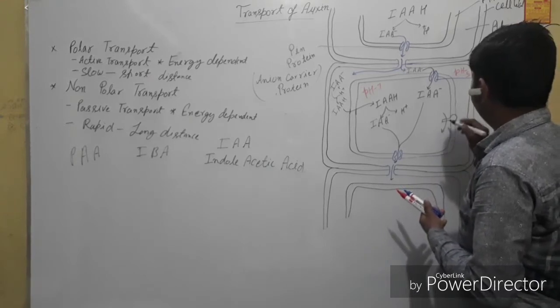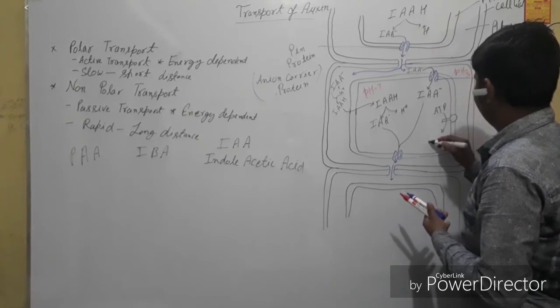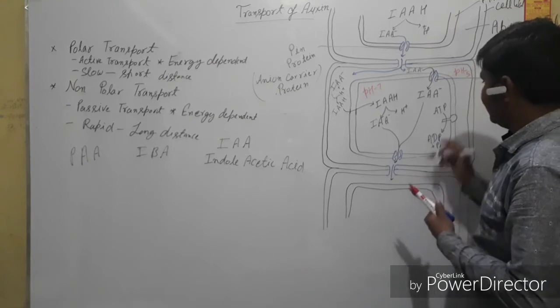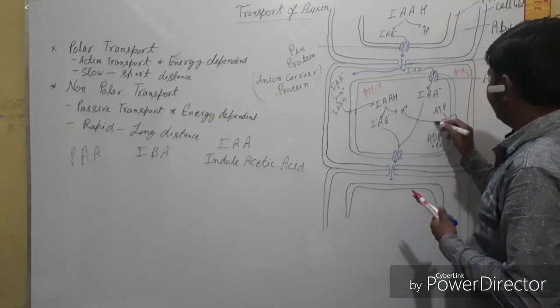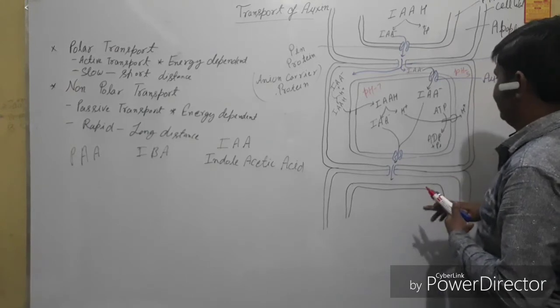Here ATP is used to transport this hydrogen ion to the apoplastic region.